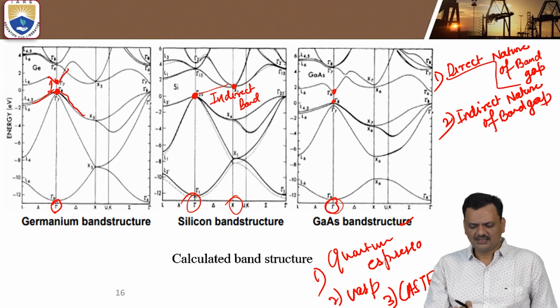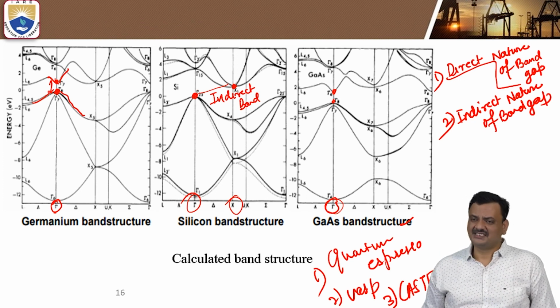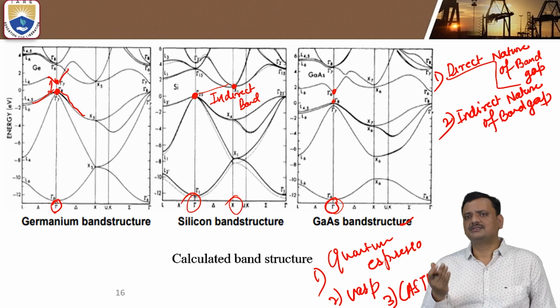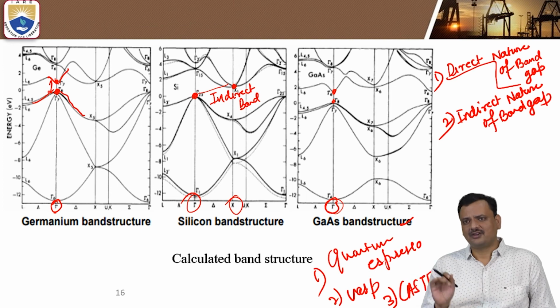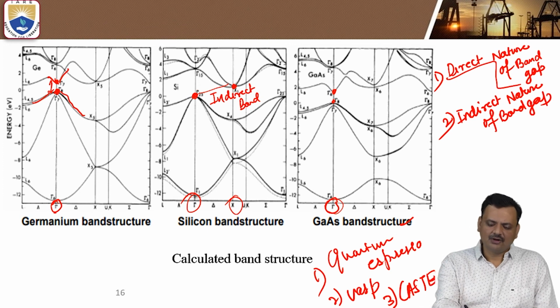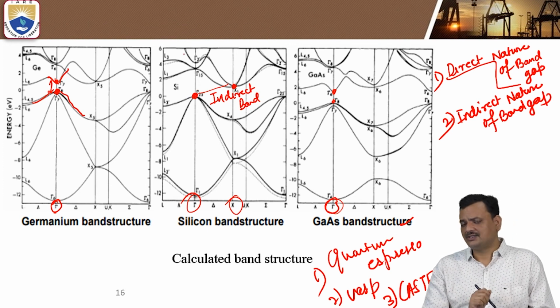Okay. So these are some examples of what we generally see in semiconducting optoelectronic device applications. And further, now you have a band structure.